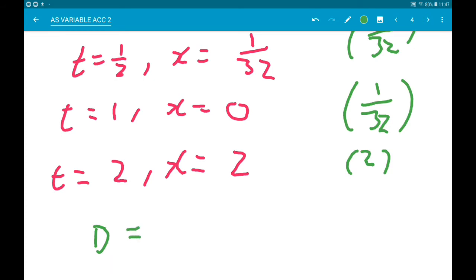So that's going to give us 2 add 1/16. So we can just write it as 2 and 1/16 metres.